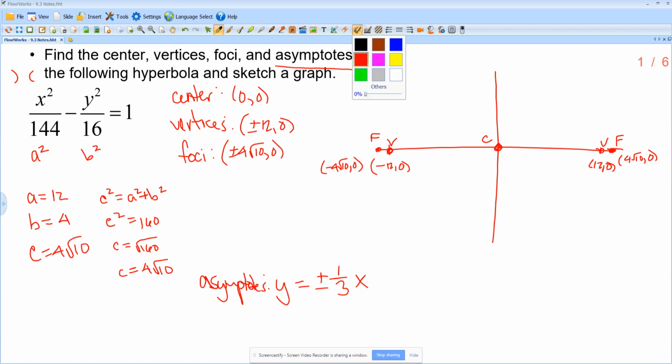The way in which we graph this is we've already done a. We're going to do b. So we're going to go up 4 and down 4 because b goes in the opposite direction of a. And then what we do is we draw in dotted lines this box going around a and b.